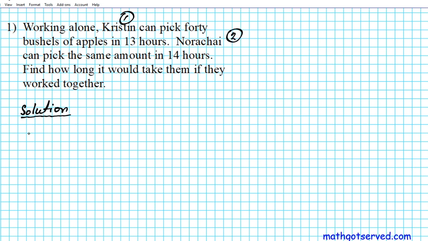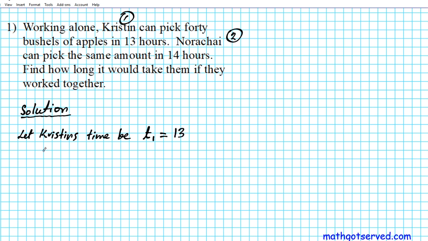Let Kristen's time be T1, because Kristen is 1. T1 is equal to 13 hours.